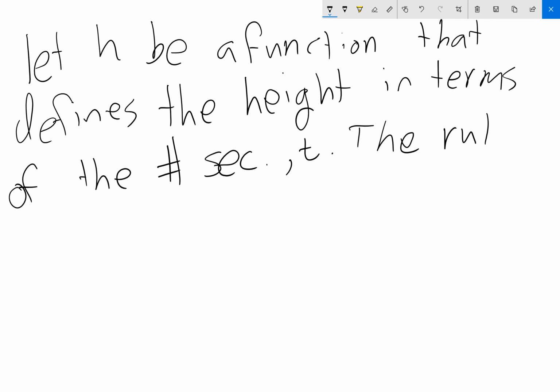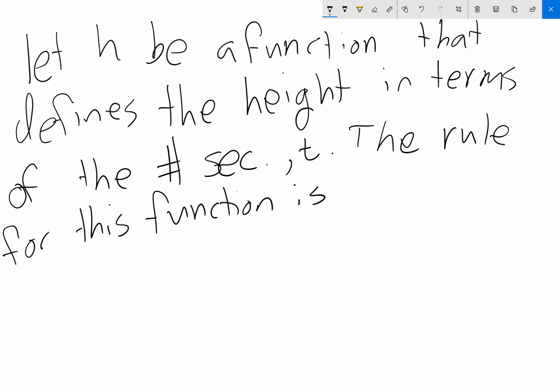The rule for this function is 16t squared plus 64t.